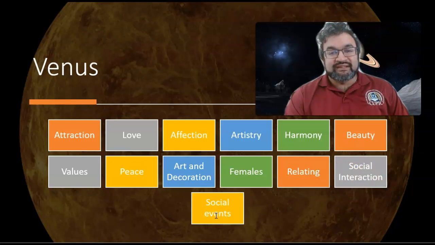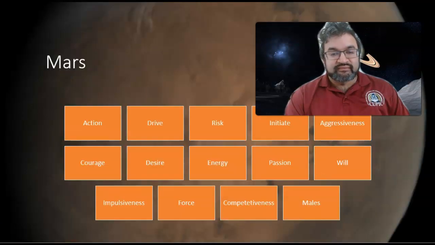Thinking about Venus, if you think about Aphrodite in a lot of the Greek mythologies, characteristics of all woman, and also some of these relating social events, these are part of Venus. And Venus rules Libra.